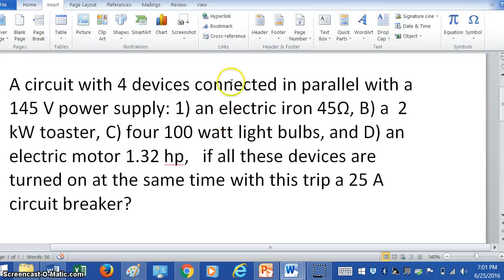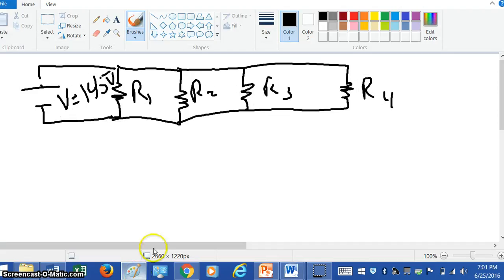So I realized I had to change this device number 1. We have these 4 devices. The first one is an electric iron, and they give us the resistance. How do I know it's resistance? It's because it has the symbol ohm. So let's write that in there for R1.